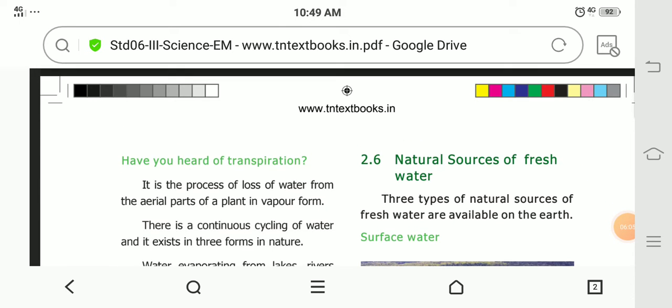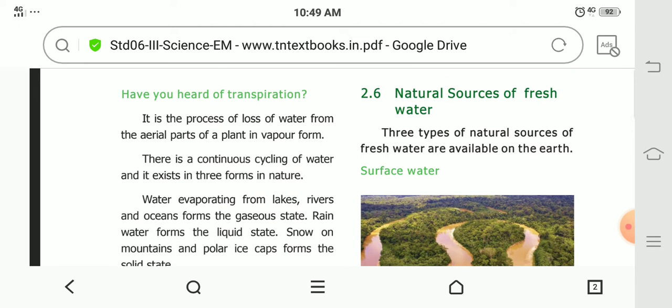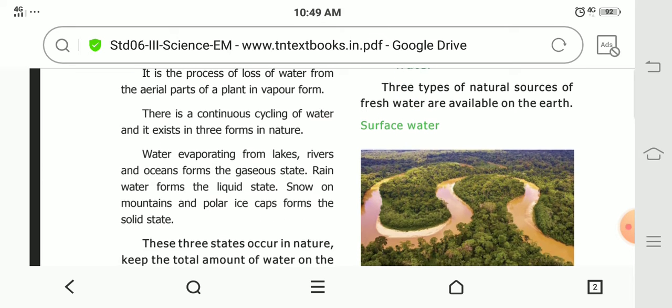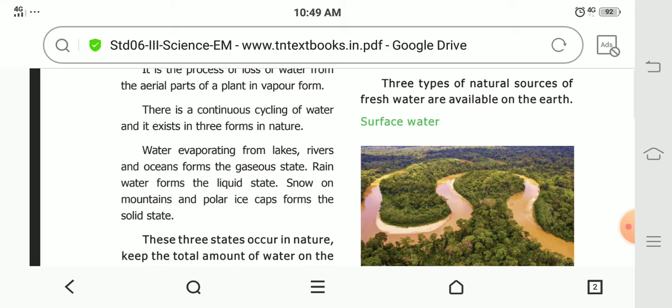Next one, have you heard of transpiration? It is the process of loss of water from the aerial parts of the plant in vapor form. This is the continuous cycle of water and it exists in three forms in nature. Water evaporating from lakes, rivers and oceans forms the gaseous state.